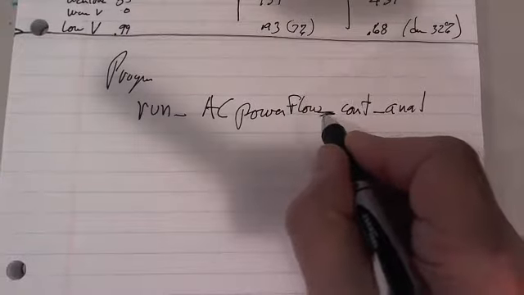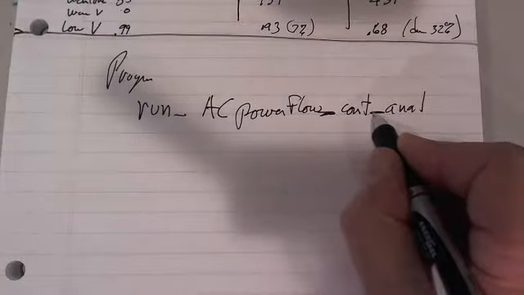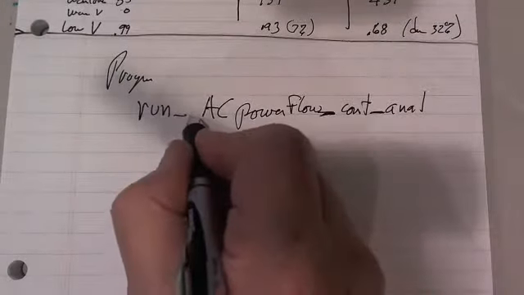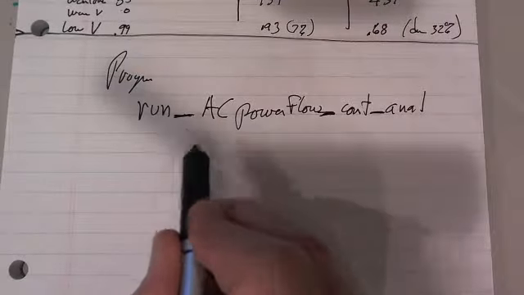These are underscore characters because you can't put a space in the middle of a MATLAB variable name. But if you want the variable name or the program name to look like it has multiple words, then put underscores. That's the program. And for your homework, I will explain a little more about how to use that program.